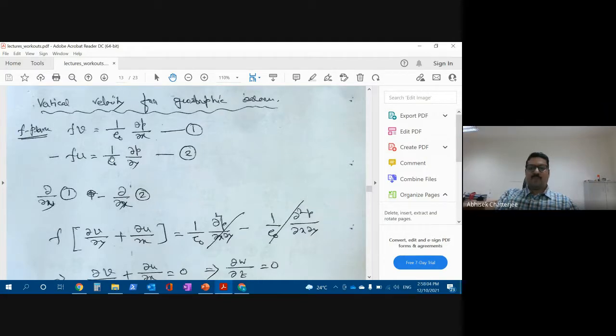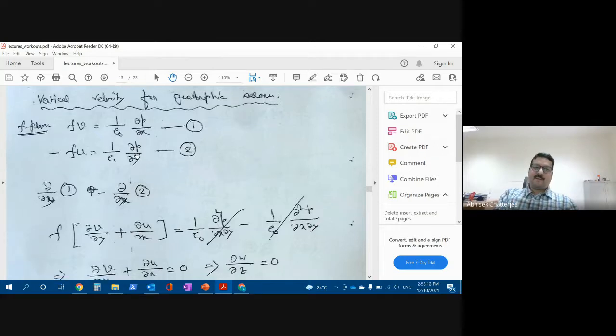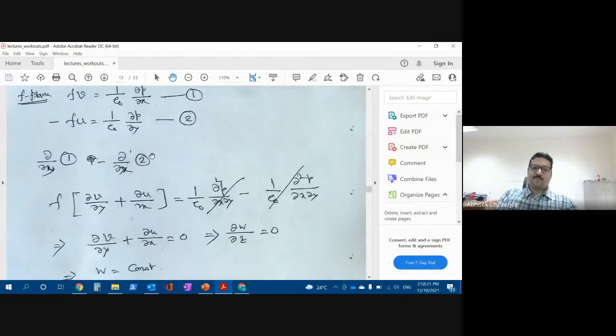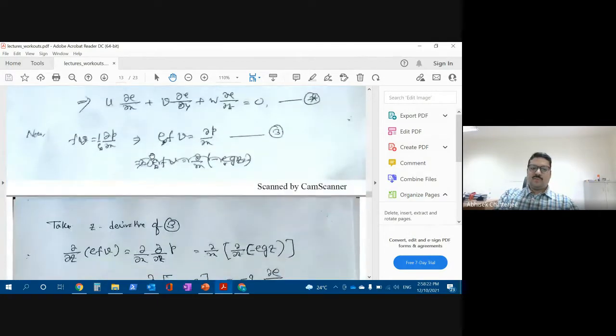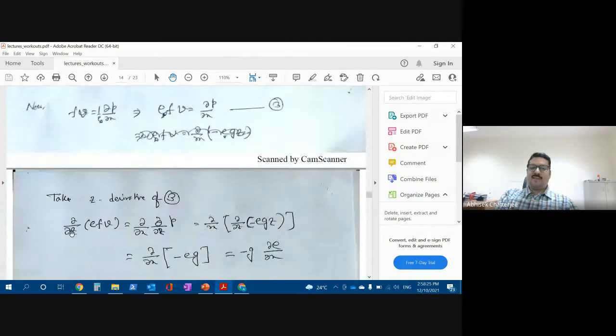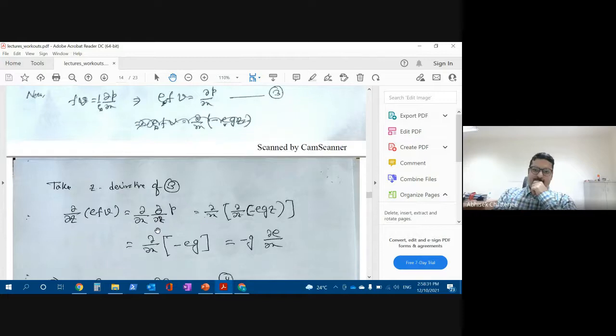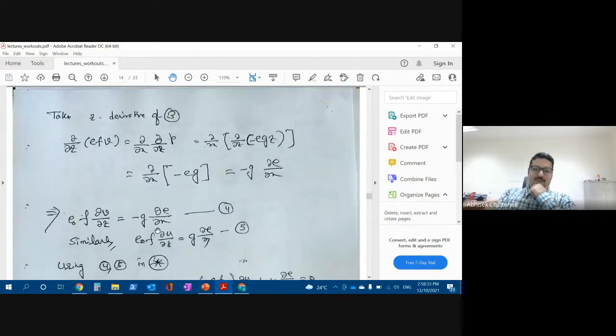Once you do that, then you take the z derivative, both sides, left hand side and right hand side, same like this. And then tell me whether you got this or not.